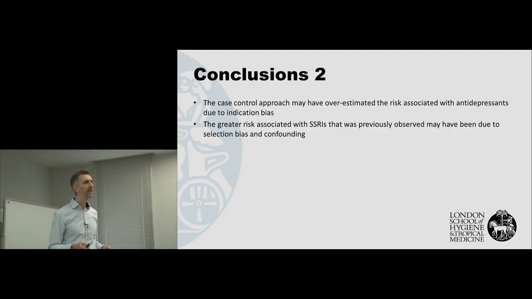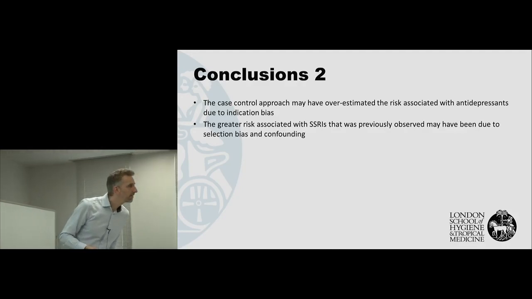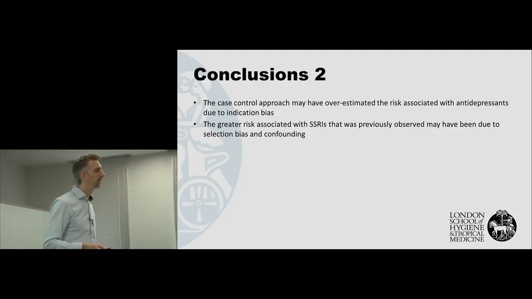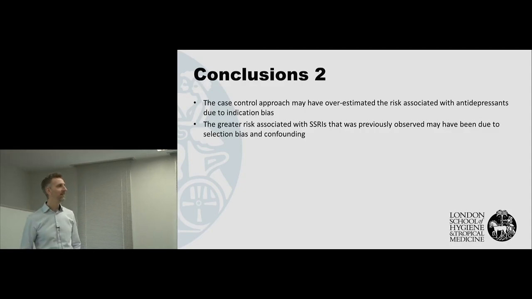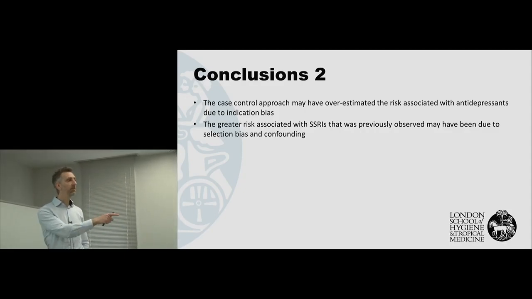Yeah, okay. Easy. It's not necessarily a question, it's just a random thought. Maybe depression is, in a way, a protecting factor against hip fracture, because people who are depressed are less likely to be active. No, but this is a really good point.